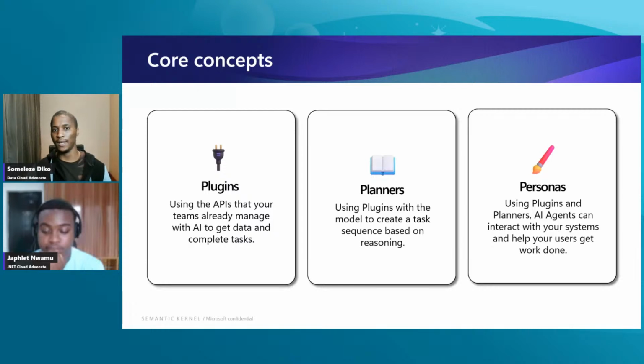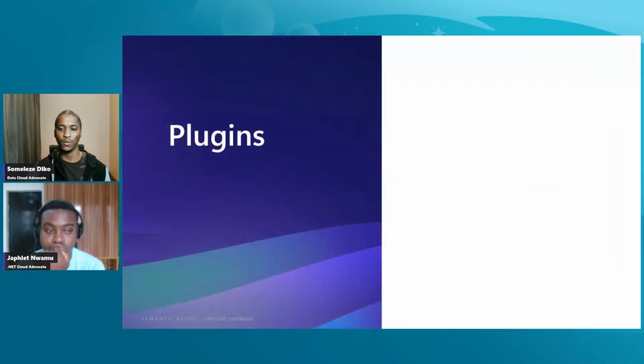You bring plugins and planners together, having a personality for your Clippy, or for your AI agent in this case. Japhlet, can we do a quick dive through on what plugins are?